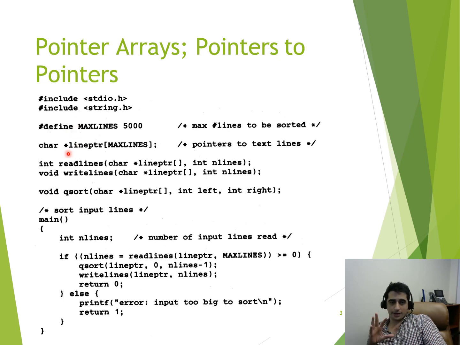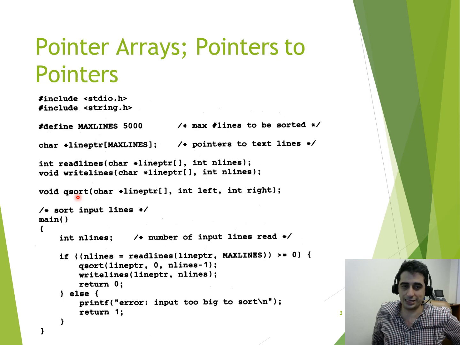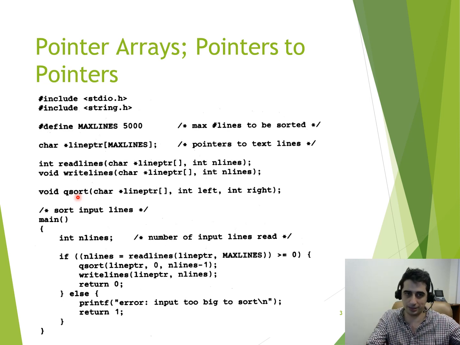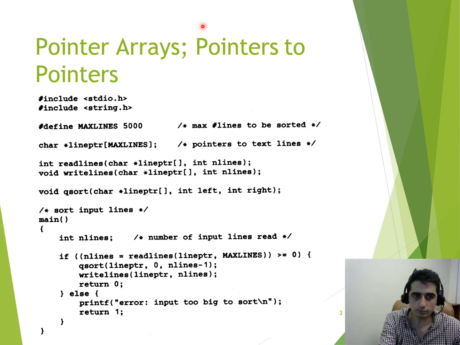Let's assume that we have the definition of the readlines function, writelines function, and qsort in a different place. I'll show you those functions later, but for now, let's say those are implemented. And I'll show you the main function. First of all, before I show you the main function, I just want to briefly tell you what each function does.